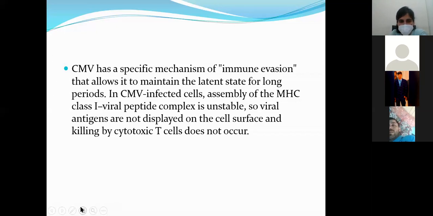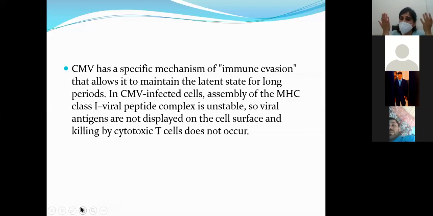In the cytomegalovirus infected cells, assembly of the MHC class 1 viral peptide complex is unstable. So the viral antigens are not displayed on the cell surface and killing by the cytotoxic T cells doesn't occur. When there is no assembly of the MHC class 1 molecules and they are unstable, then the viral antigens are not displayed on the cell surface.